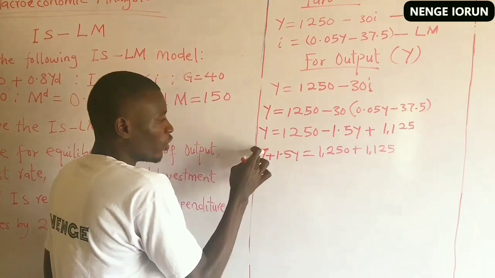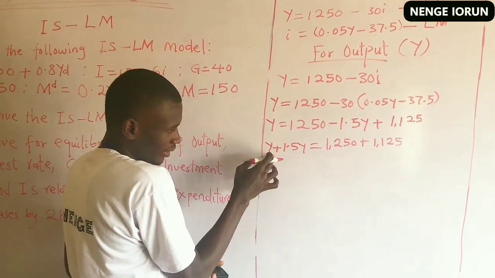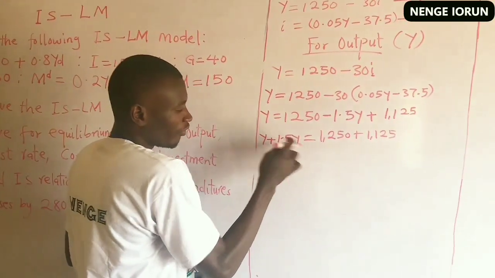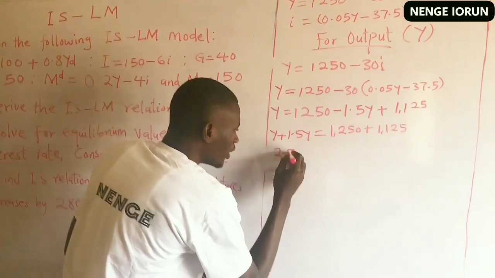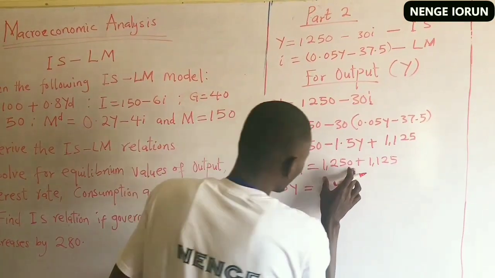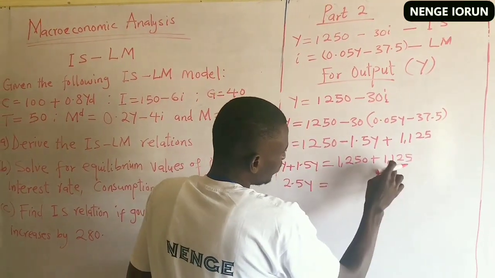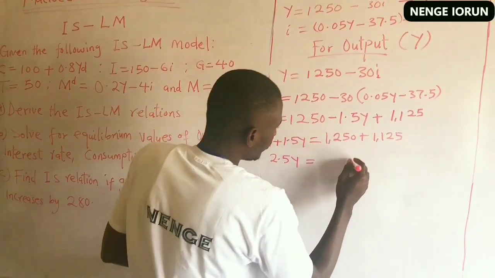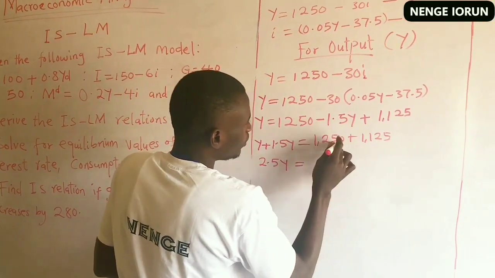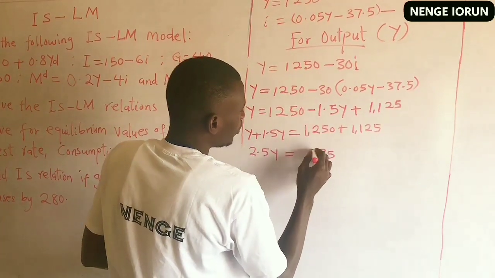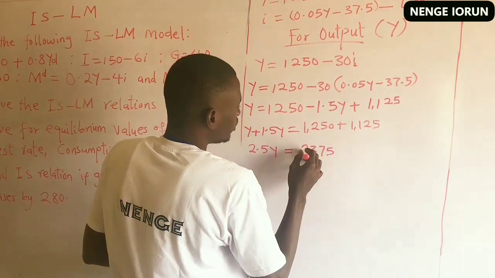The coefficient of Y here is 1, so you have 1 plus 1.5, which is 2.5Y, is equal to 1250 plus 1125. You have 5 plus 0, which is 5; 2 plus 5, which is 7; 1 plus 2, which is 3; 1 plus 1, which is 2.